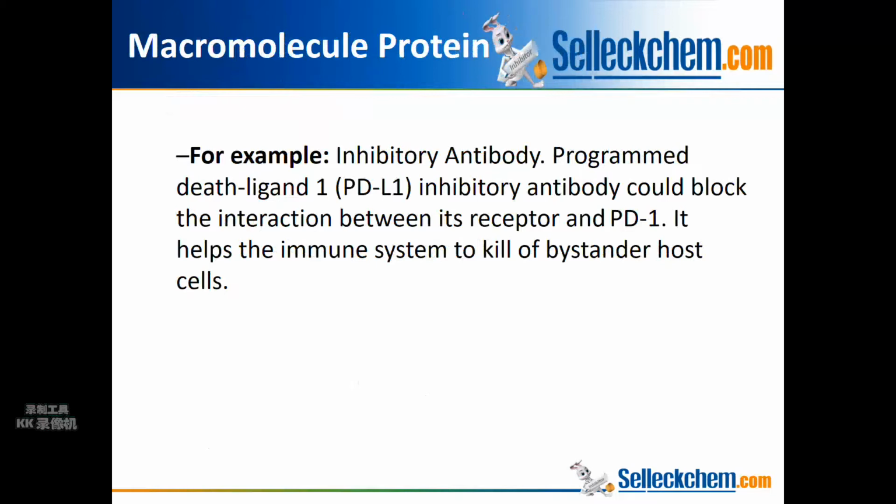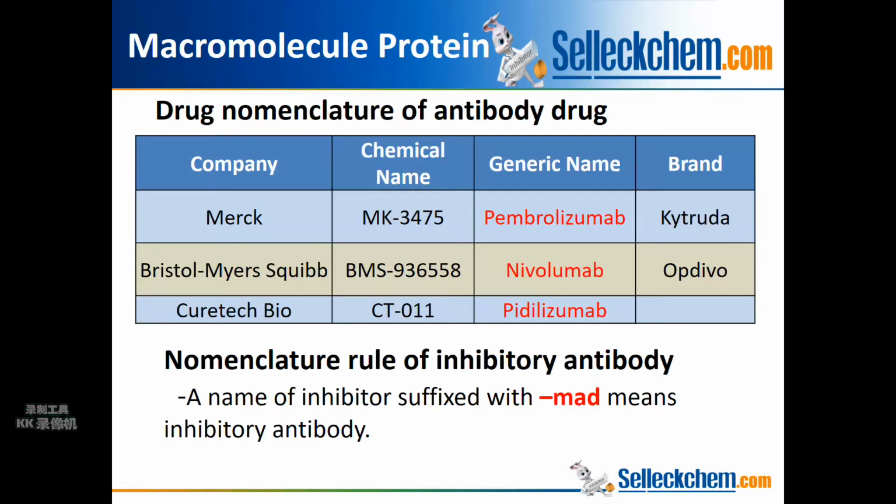Now, I will introduce the drug nomenclature of antibody drug. One inhibitor has different names in laboratory, clinical, and market, which are chemical name, generic name, and drug brand respectively. There are some examples.